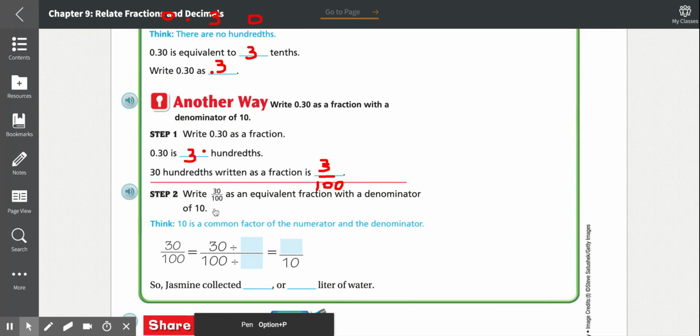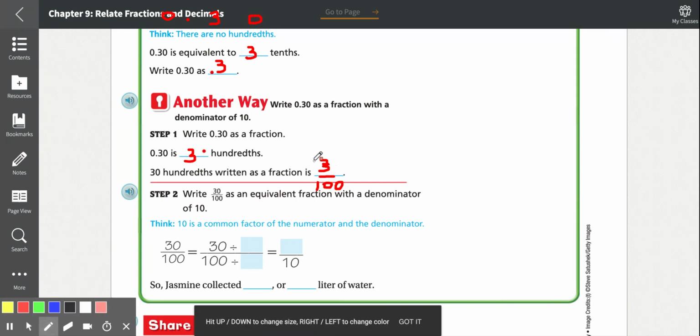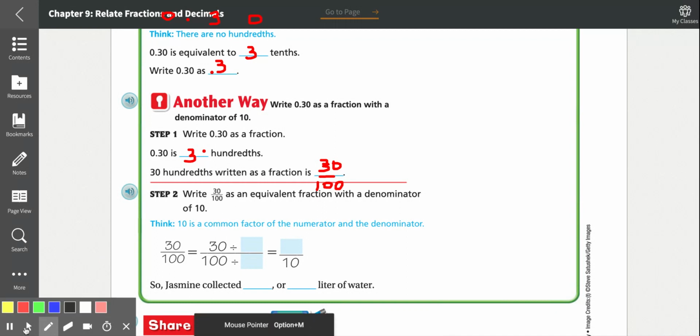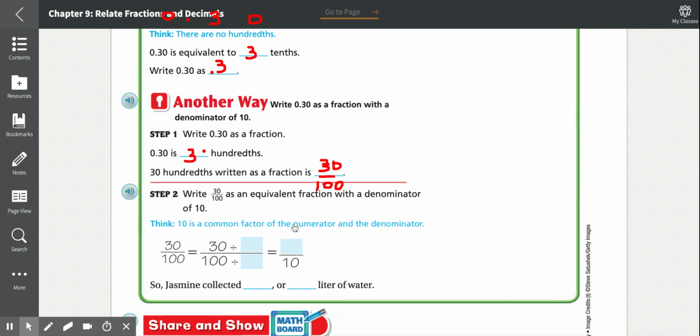Step 2. Write 30 hundredths as an equivalent fraction with a denominator of 10. Think, 10 is a common factor of the numerator and the denominator.